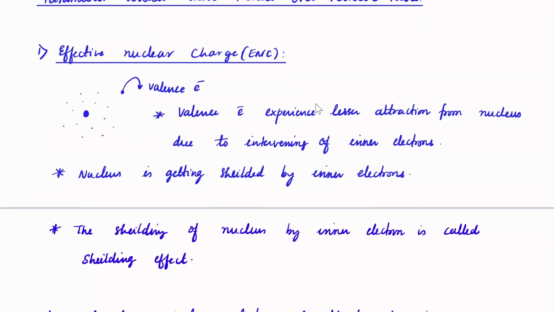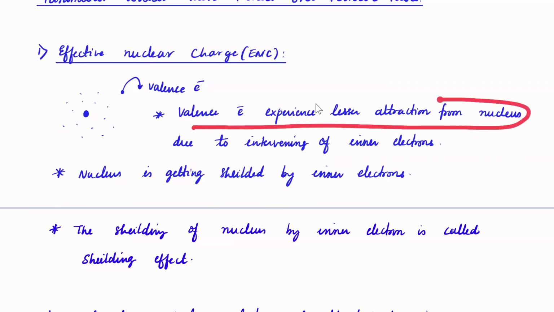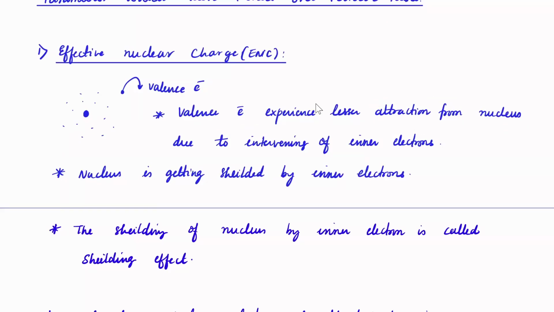See, if this is a nucleus and around the nucleus there are various electrons, and there are some outermost electrons also. Let's say this is the outermost electron. This valence electron would experience a lesser attraction from the nucleus due to the intervening electrons in between.